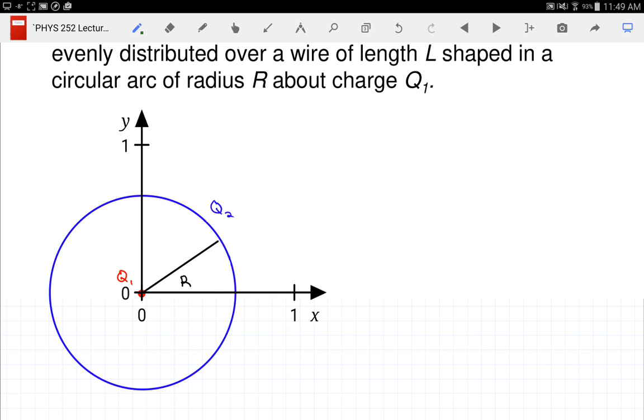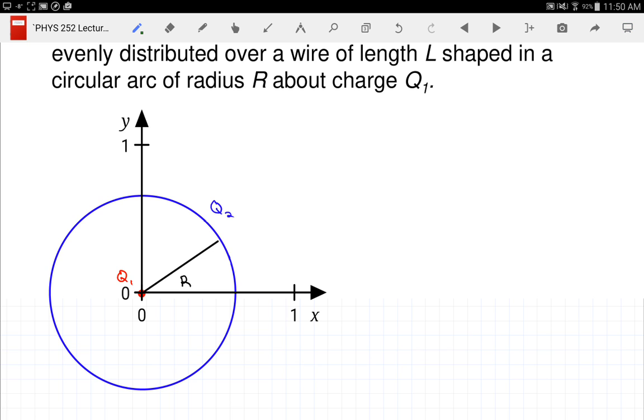So let's go through the steps to work the problem. I have my system defined, nice picture. What's the first thing you think I should do? Like, if it's a test question, well, we've got the figure already.